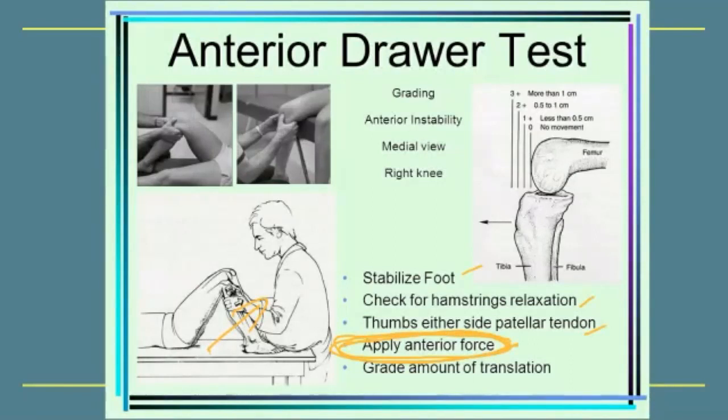So if the ACL is torn, the tibia will move anteriorly. If the ACL is intact, the tibia will not move that much. See here, grades.